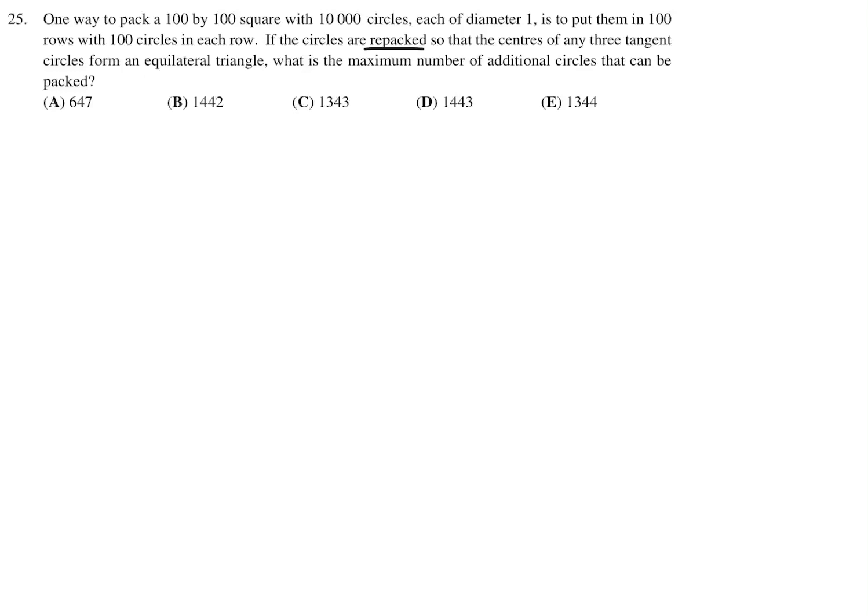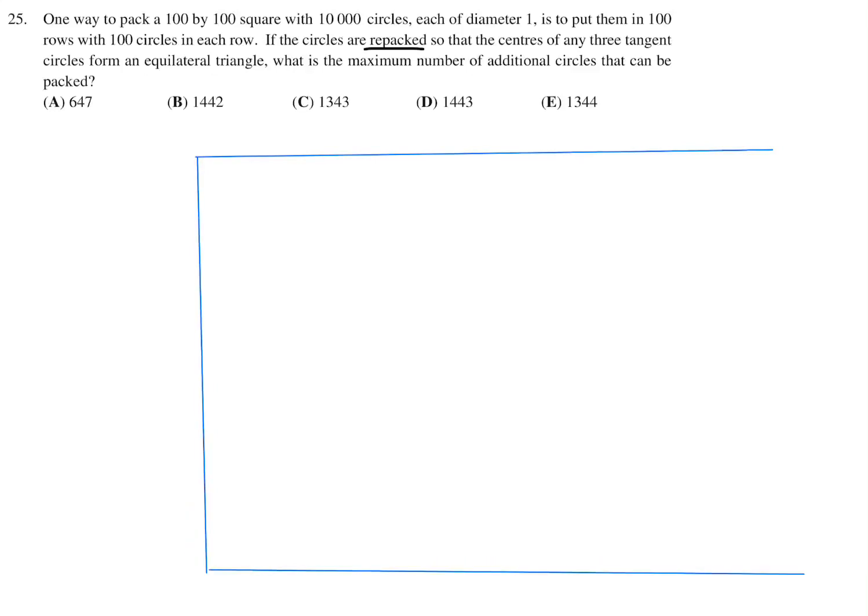Okay, so I'm certainly not going to draw out the 100 by 100. We'll just draw out a few. So they've got this way of packing these circles, and just in a crude way, we'll draw these circles in.